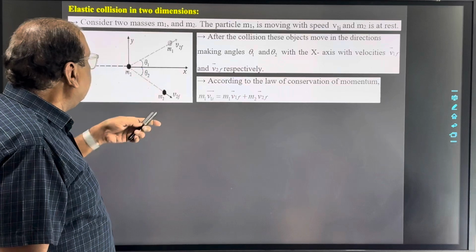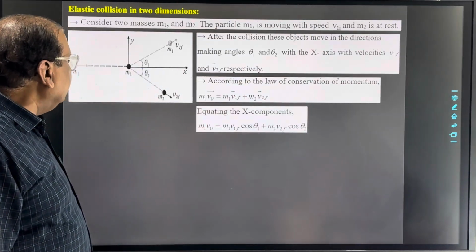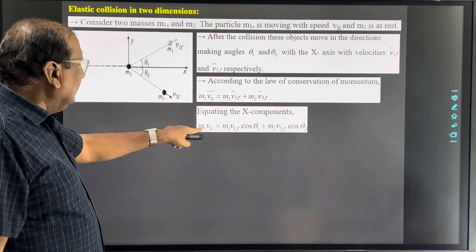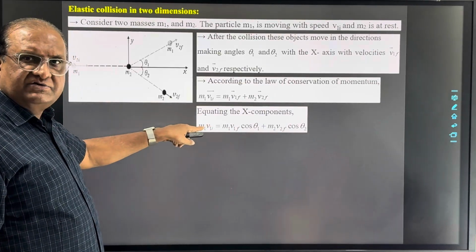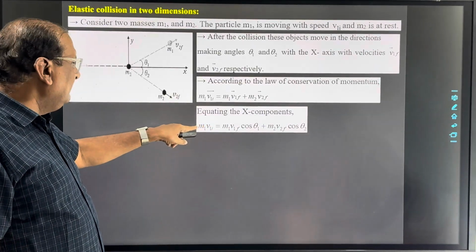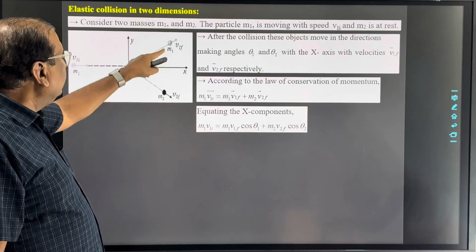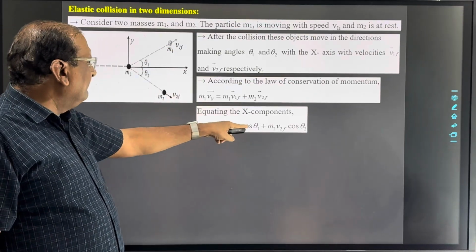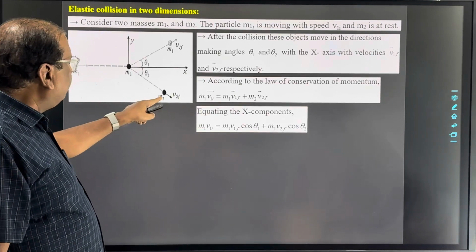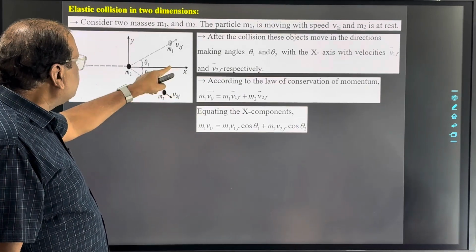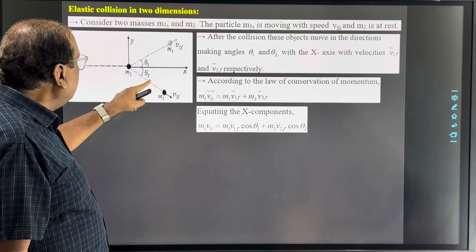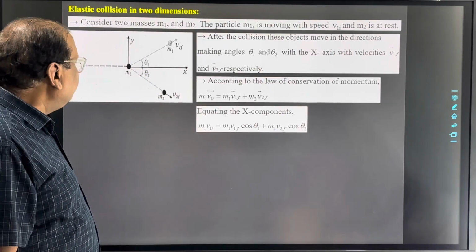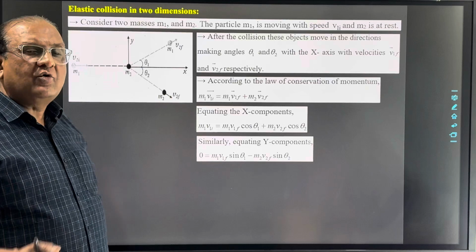If we take components in the x direction, then m1 v1I is in the x direction, so the x component is there, and the y component will be 0. Then for m1 v1f, the x component will be m1 v1f cos theta 1, and for m2 v2f the x component is m2 v2f cos theta 2. Similarly, we can take y components.